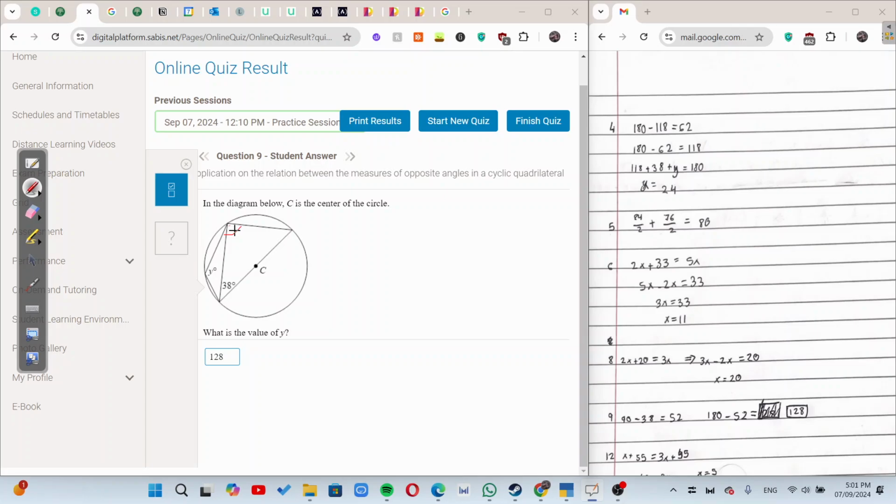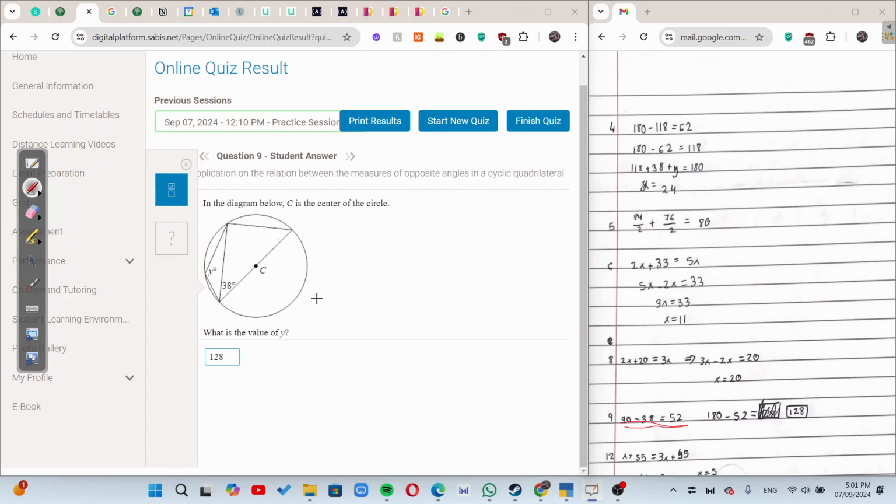So if this is 90, we can use the rule and find out your last angle which is opposite to it. So here 90, you know in a right triangle that these two angles here must equal 90. So 90 minus 38 gives you 52, as you can see over here on the page I wrote.